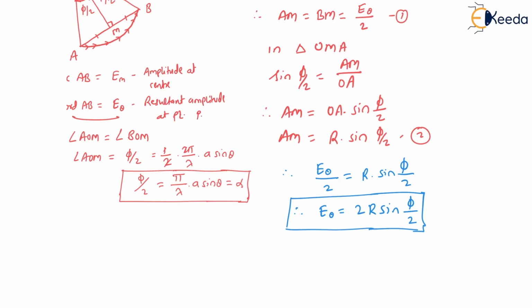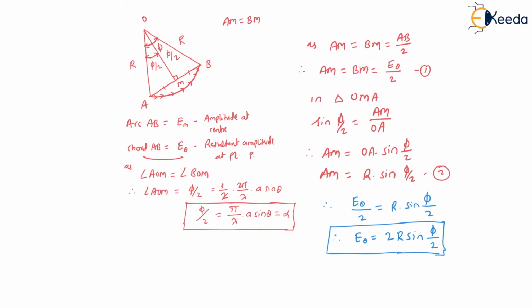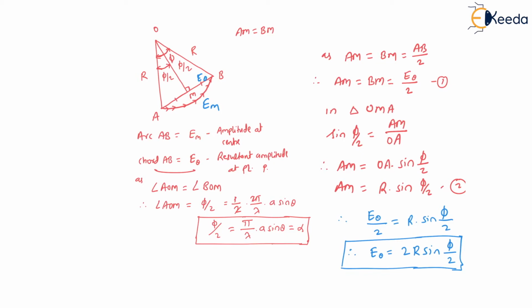Now we will find out the value of this particular part, that is arc AB. Here I'll write this arc AB as EM, and this chord AB is E theta. So now we will find out this EM in terms of radius. We have a basic formula that the angle at this particular center will be equal to the arc length divided by the radius.